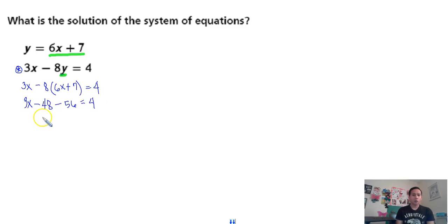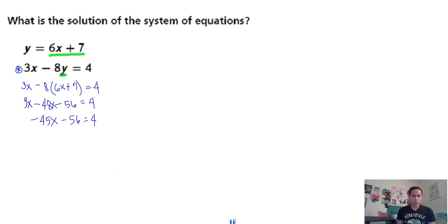Now combine like terms. The like terms here are negative 48 and 3, so that will be negative 45x minus 56 is equal to 4.